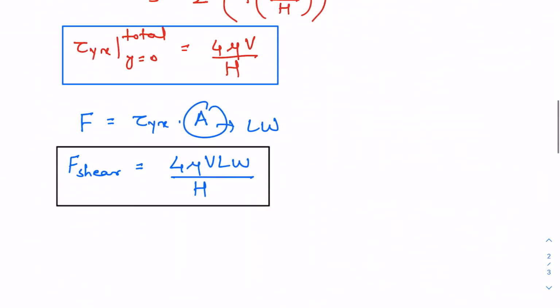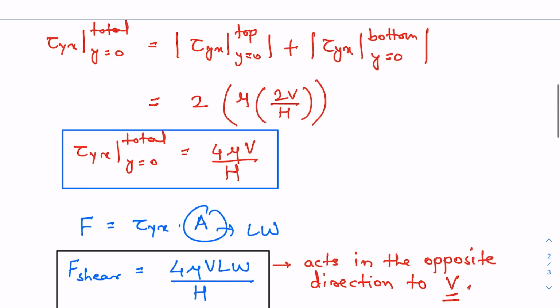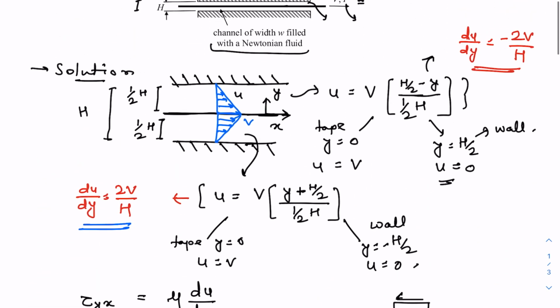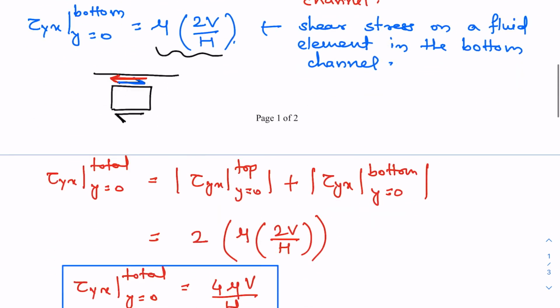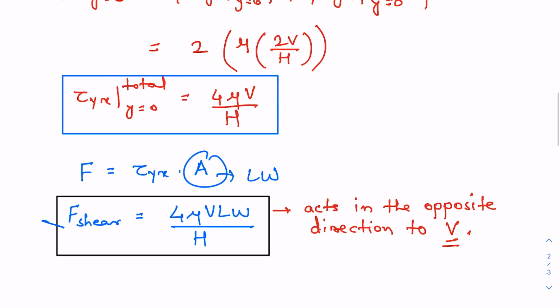And this force acts in the opposite direction to the velocity v. So since we are pulling the tape in the positive direction, the force will act on it in the negative direction. And the magnitude is this.